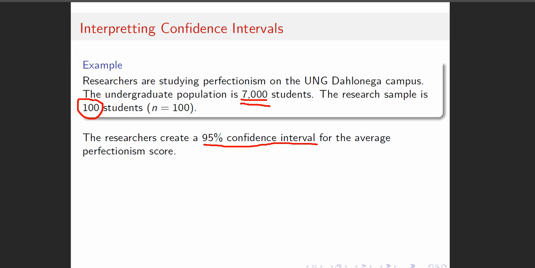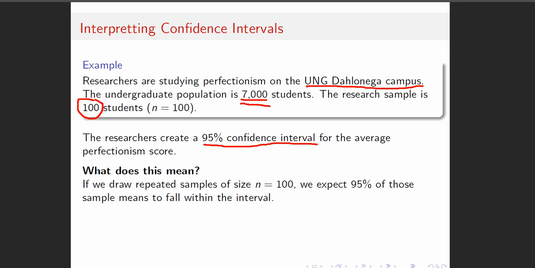And no, we're not saying that we're 95% confident that the average perfectionism score for the population is in there. So what we're saying is that, hey, out of this 7,000 students, if we repeatedly draw samples of size 100, we expect 95% of those sample means to fall within the interval.